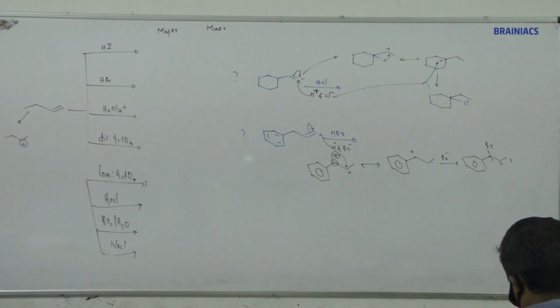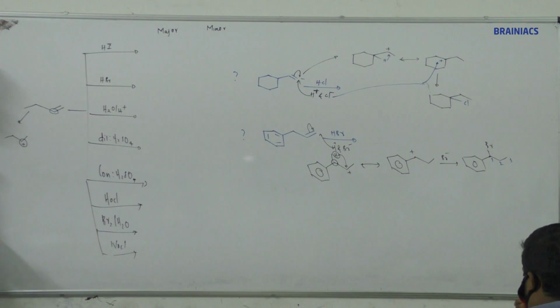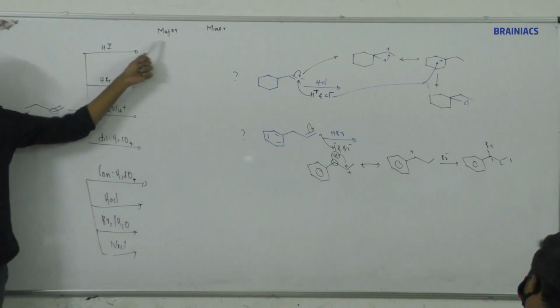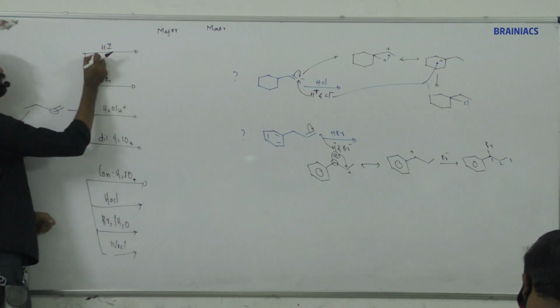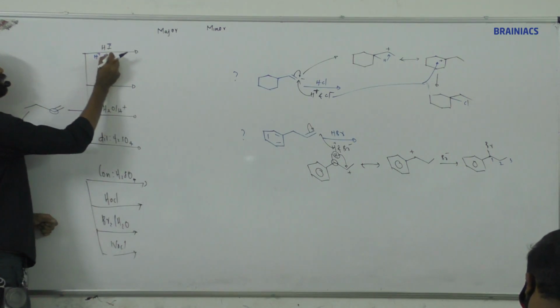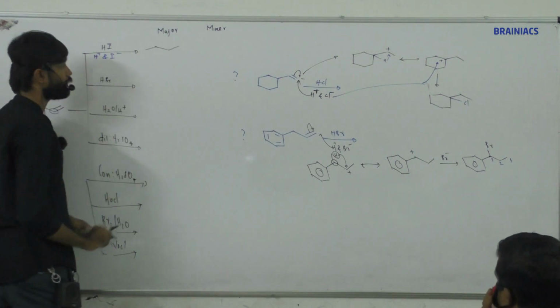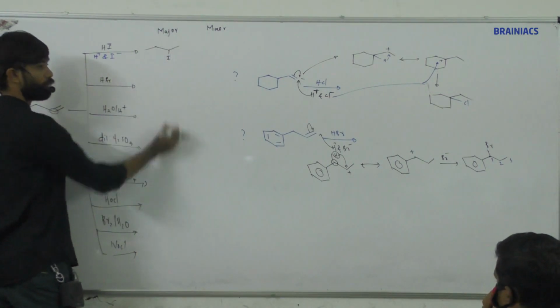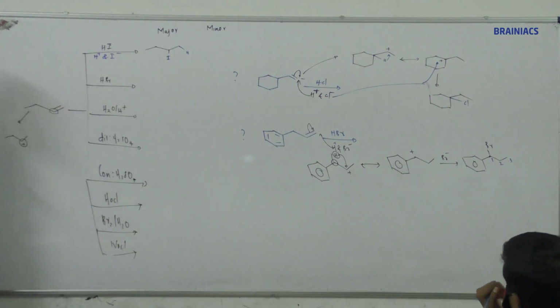So you know the Markovnikov position. This is the Markovnikov position. So with the negative part on this position, the product will be major. So you simply need to know the reagent: H plus and I minus. What about the first? I minus goes to the Markovnikov position, with hydrogen in this position, right?